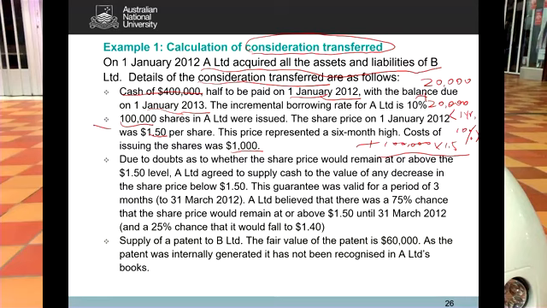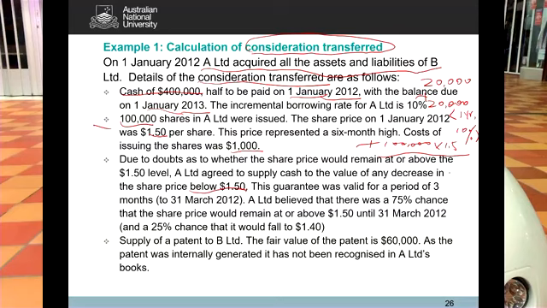Then next, due to doubts as to whether the share price would remain at or above 1.5, A agreed to supply cash, because this is a 6-month high. They're not sure whether it would remain or maybe go higher. So they agreed to supply cash if the share price decreases below 1.5. The guarantee was valid for a period of 3 months.